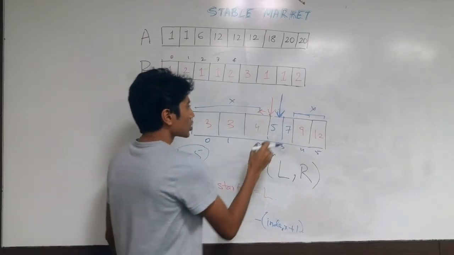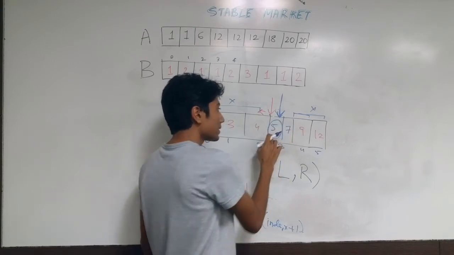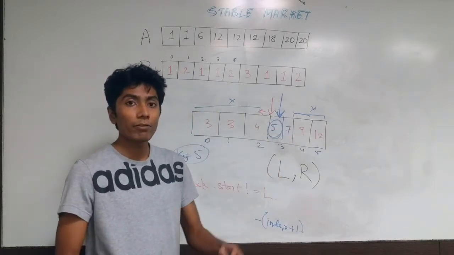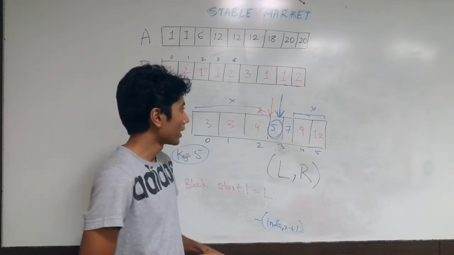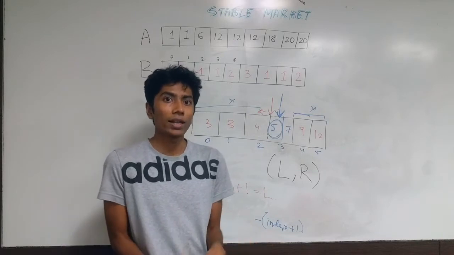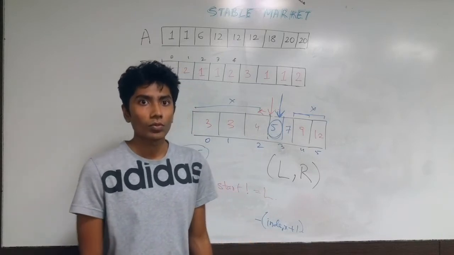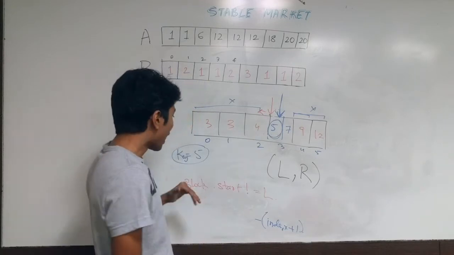So that element over there is the element that you need to pick up, because that is the leftmost block that you're partially touching. Take your time to understand this. The leftmost block that you're partially touching is the one at the insertion point. So yes, you have your leftmost block.